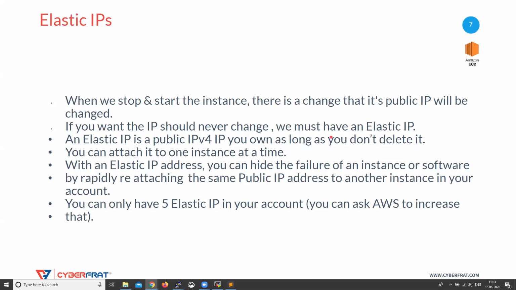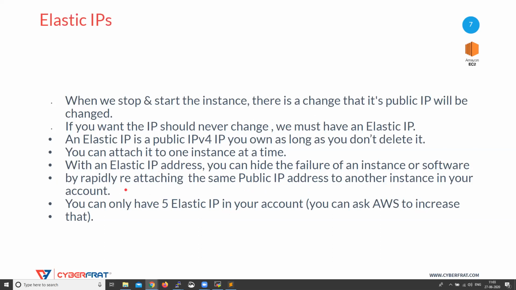I can anytime remove that elastic IP and attach it to another server, and you can start serving your website from another server, right? So you can hide your failures in that way, by rapidly reattaching the same public address to another instance in your account, right?